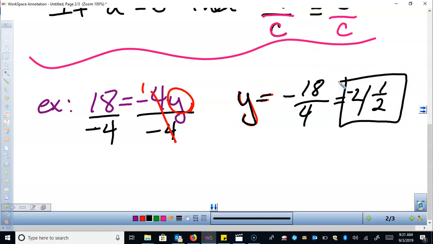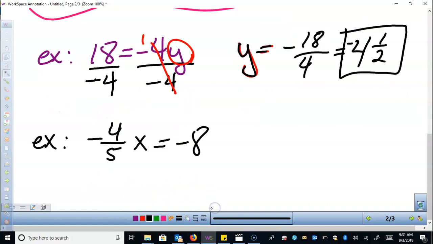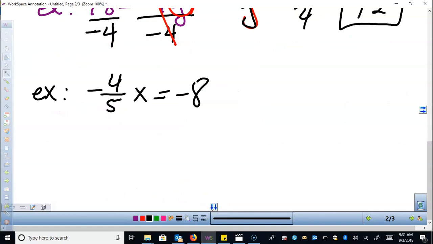Let's do another one. -4/5 x equals -8. First, we have to identify what property we are going to implement. We see there's our x, and what's happening to the x is it's being multiplied by -4/5.